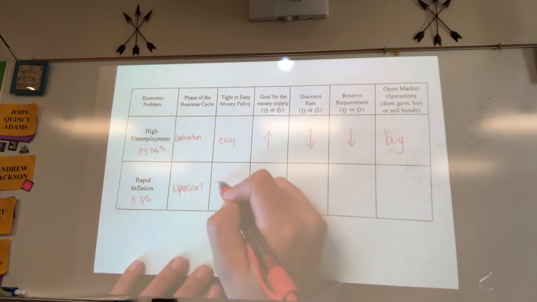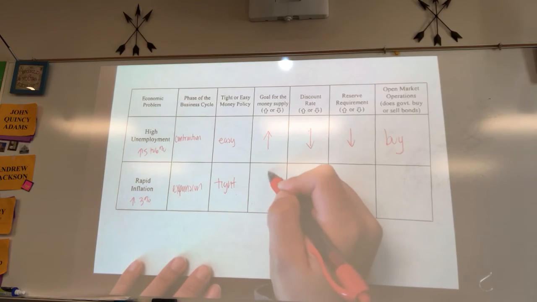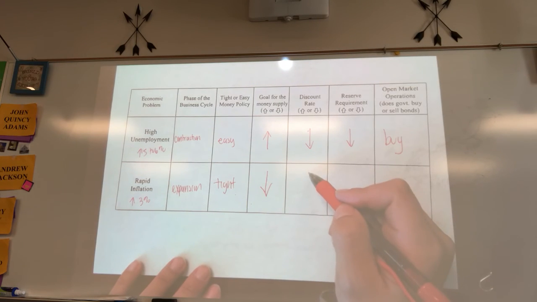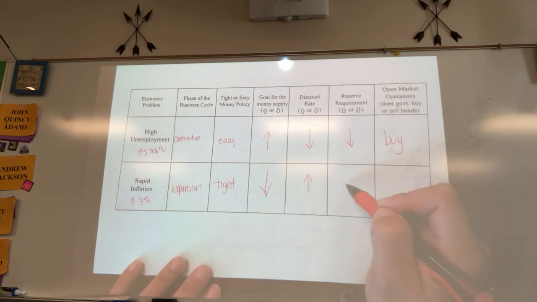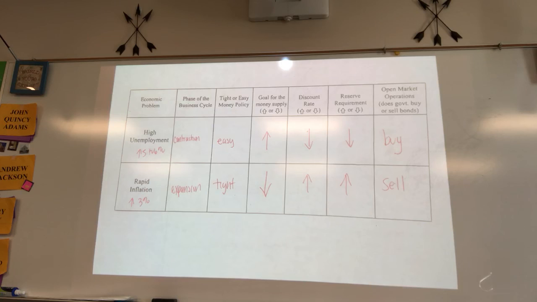Tight. What is our goal for our money supply? To lower the money supply. So what do we do to the discount rate? What do we do to the reserve requirement? What do we do with open market operations? Sell. Okay, do y'all feel that you got it?